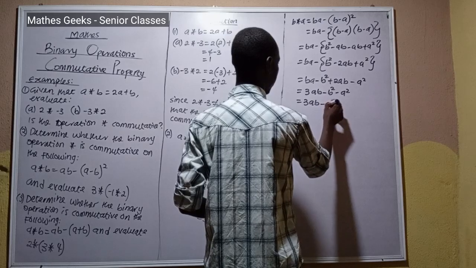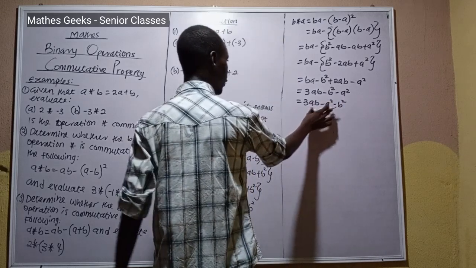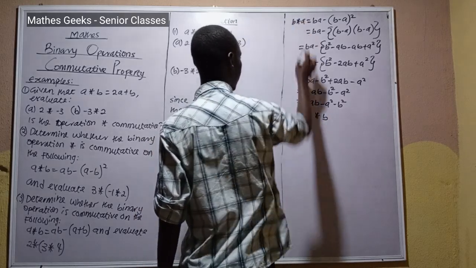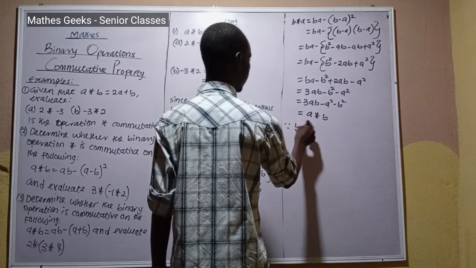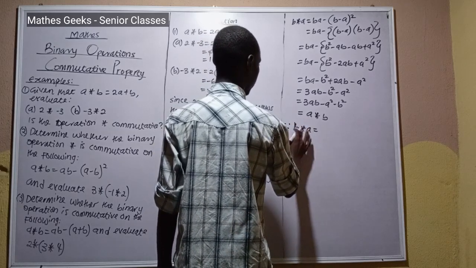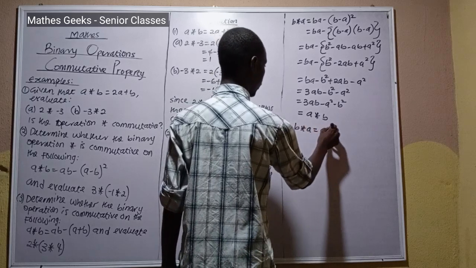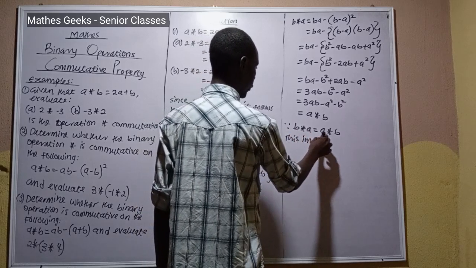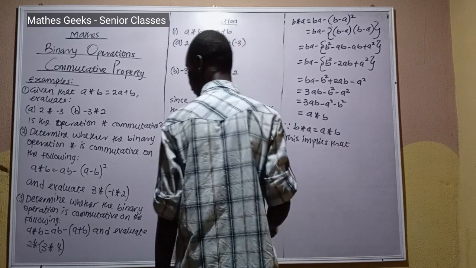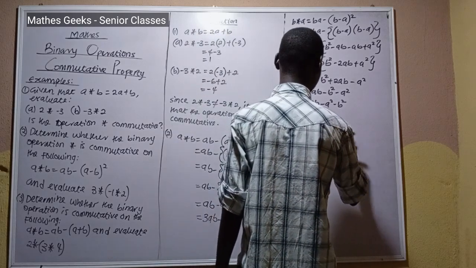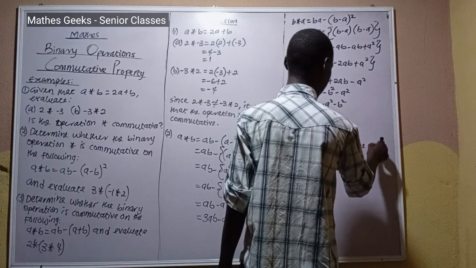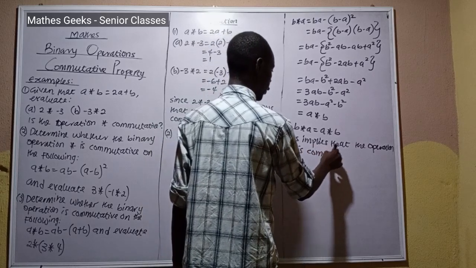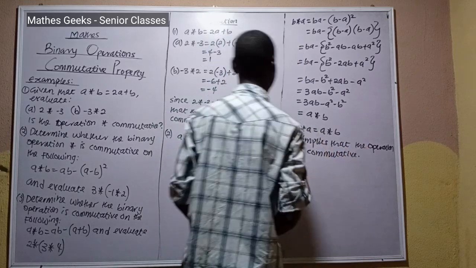If you check, this part here is equal to A star B. Which means B star A is equal to A star B. So therefore B star A is equal to A star B. This implies that the operation star is commutative. So that's the first part.